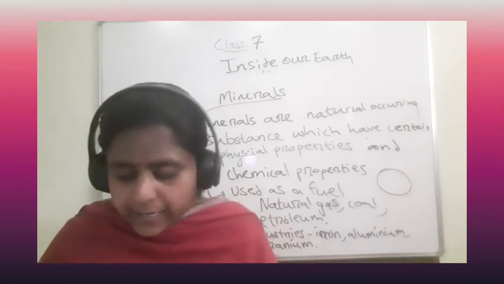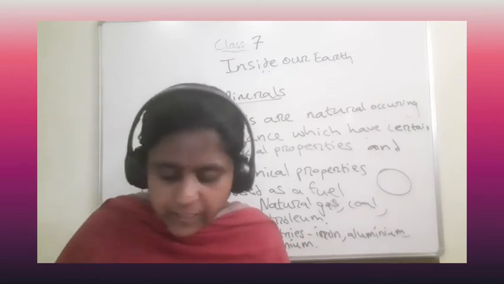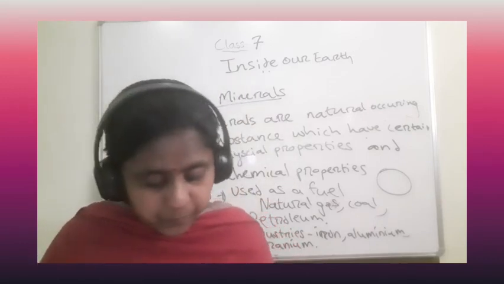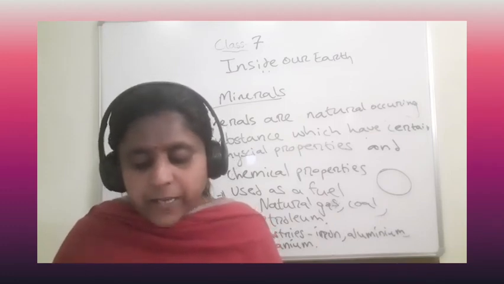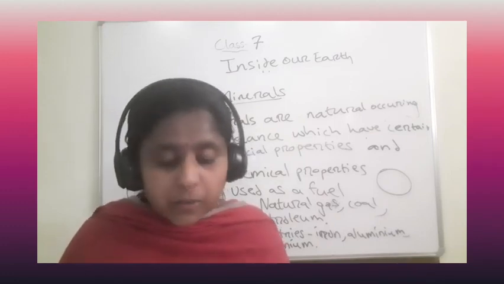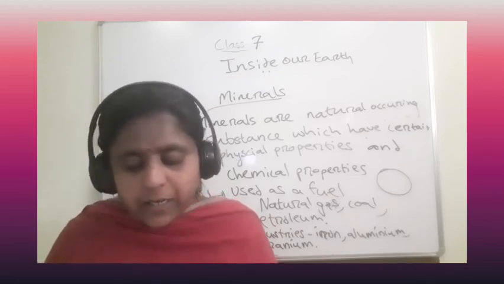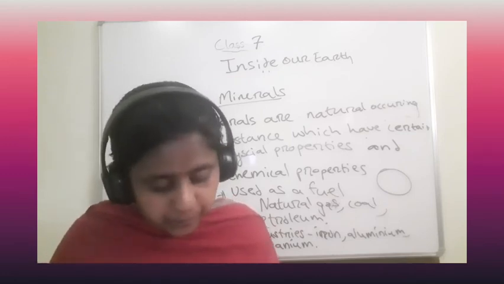The rock which is made up of molten magma is igneous rock. The innermost layer of the earth is the core.